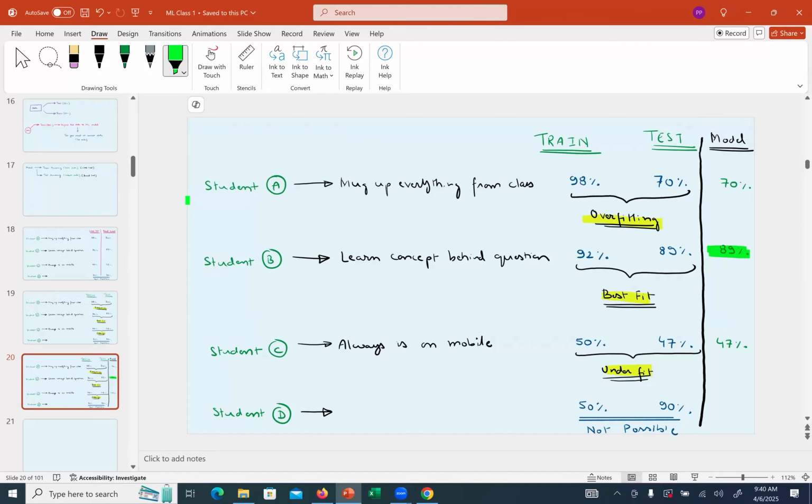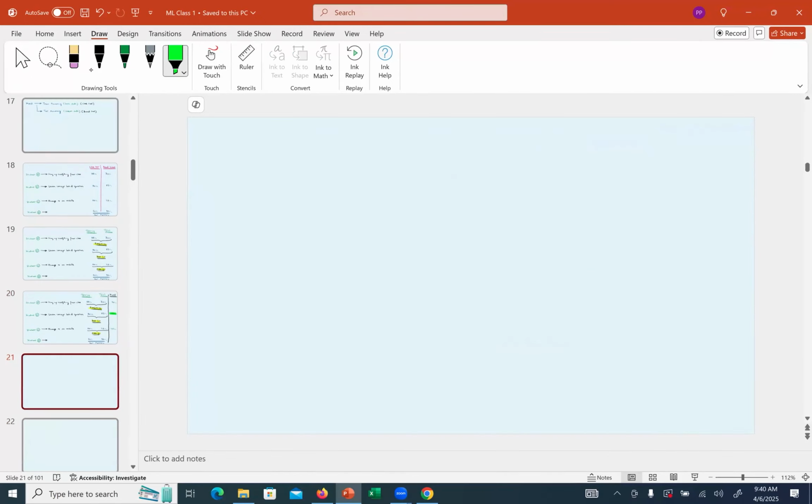Sometimes the main reason behind that is that you don't have enough data. Just imagine when you were a child. If I tell you, beta, 2 plus 2 is 4, 3 plus 9 is 12. Beta, tell me what 13 plus 11 is. If you are seeing addition for the first time, and I give you two examples, will you be able to tell me what 11 plus 13 is?